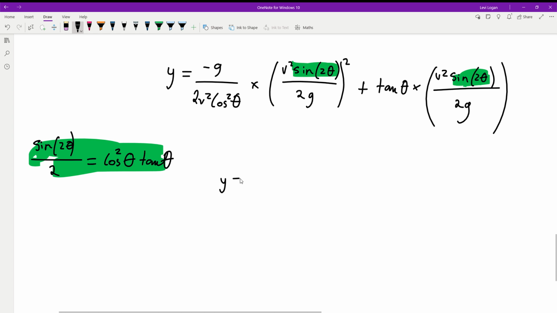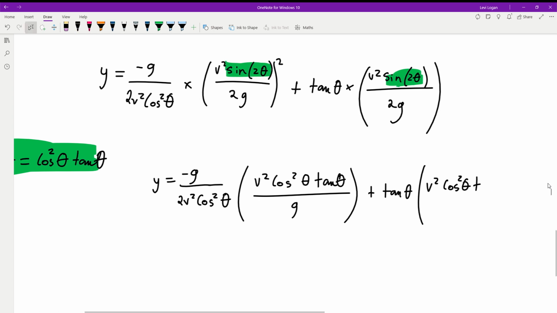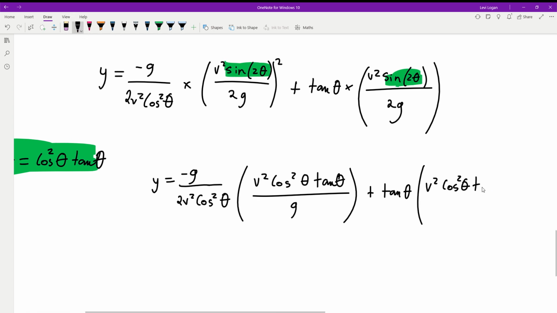So we'll get y equals negative g on 2v squared cos squared theta, times v squared cos squared theta tan theta on just g, because there's no 2 now, plus tan theta times v squared cos squared theta tan theta all over just g.